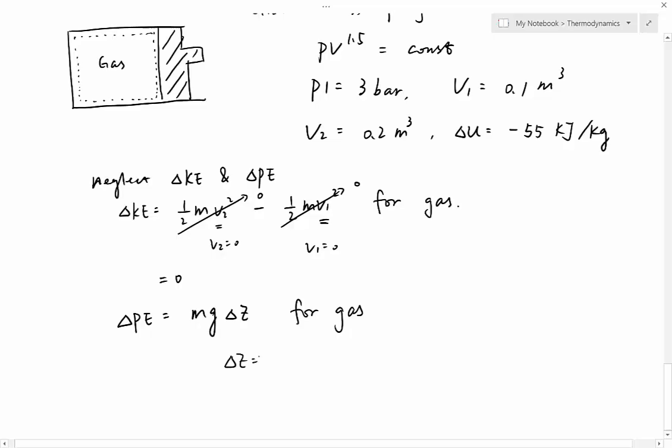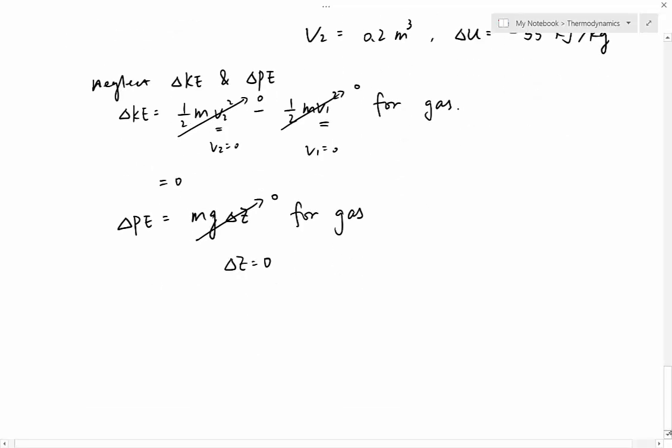The change of height of the gas is zero. The gas doesn't change height, it's horizontal. It's expanding horizontally, so the height of the gas doesn't change. So delta z must be equal to zero. That makes delta PE equal to zero. Okay, so it is reasonable for us to say we can neglect delta KE and delta PE.